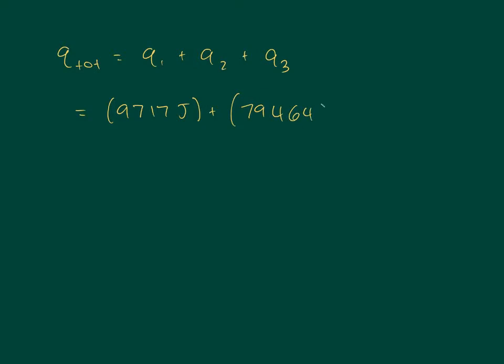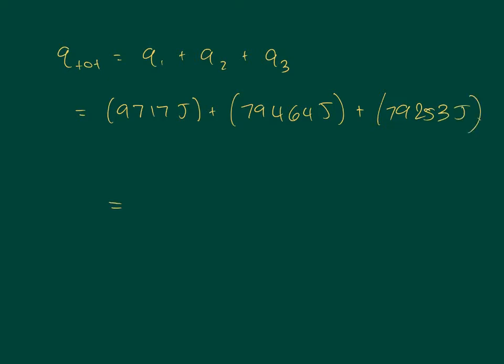Now that we've calculated all 3 Qs, calculating the total Q is as easy as adding them up. Q total is equal to Q1 plus Q2 plus Q3, which is simply just the Q from each step. To quickly punch this out, Q1 was 9,717 joules, Q2 79,464 joules, and Q3 finally was 79,253 joules.